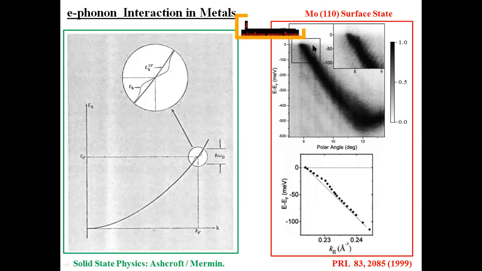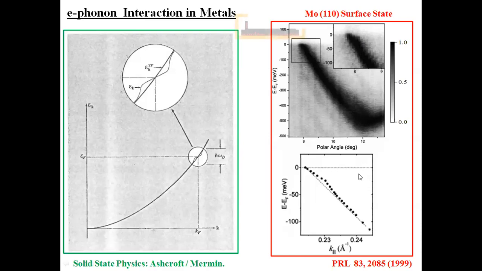Now you see near the top, it may look like a parabolic band, but if you zoom in, you will see a certain kind of kink shape has developed here. So it's not parabolic anymore. To see it clearly, they have traced the peak position of this band.